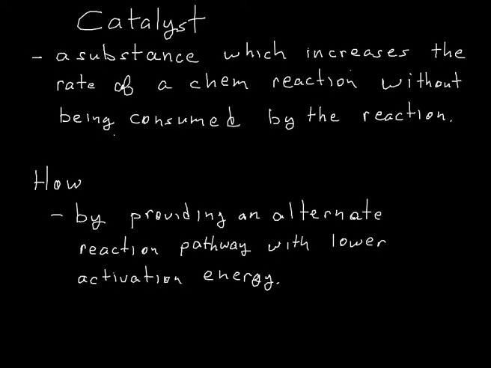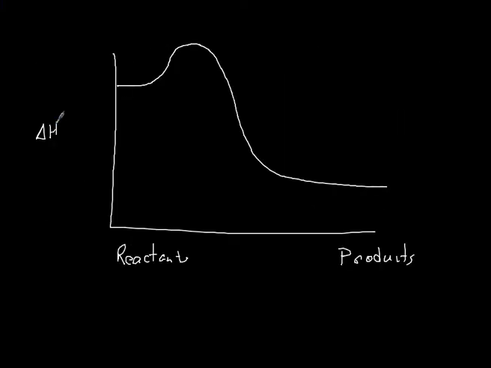And so this is what a catalyst is. You need to know the definition of a catalyst. You need to know how a catalyst works. And then you're going to need to know some relations to some of the graphs that we've already looked at. So let's look at those and let's introduce the concept of a catalyst into those graphs.